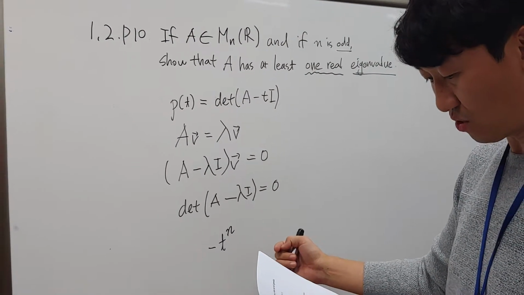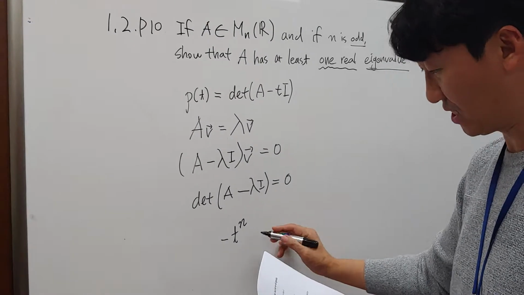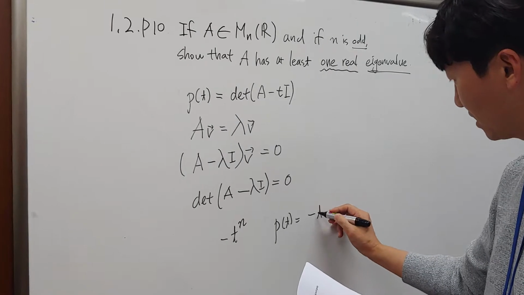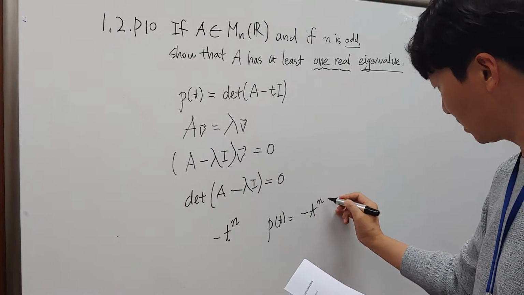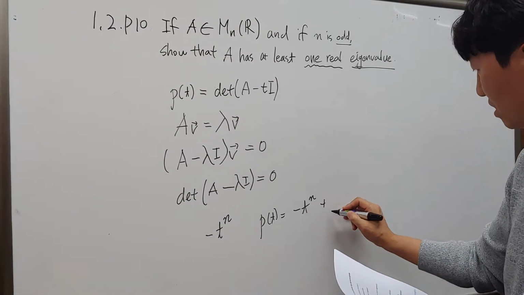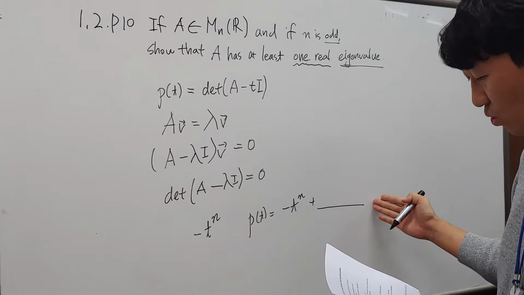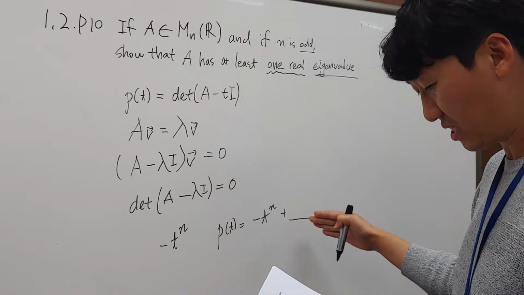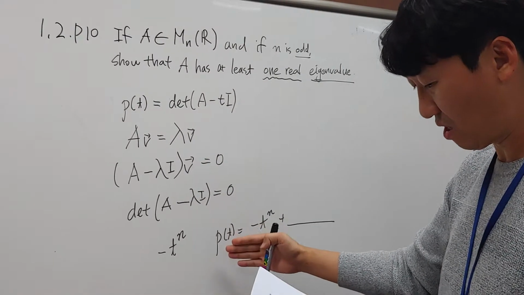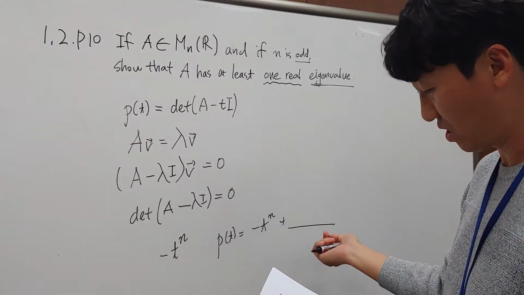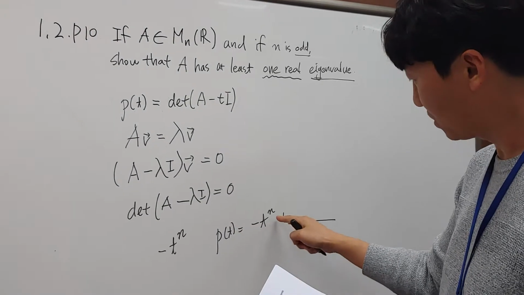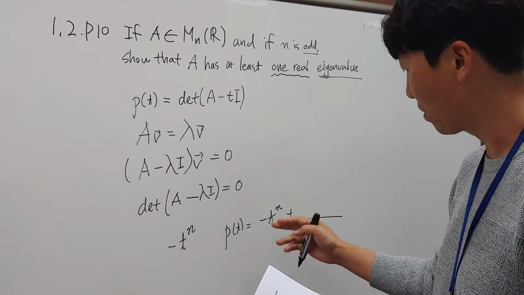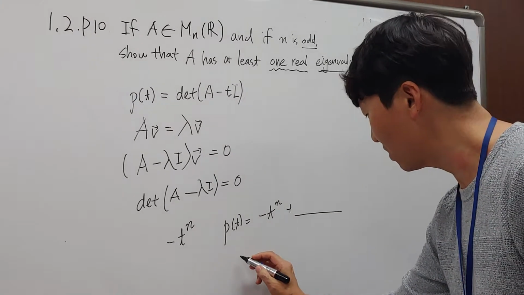Then we can rewrite our formula like this: p(t) is minus t to the n plus some other lower terms. So if t is increased, p(t) goes to minus infinity. Likewise, if t is decreased, p(t) goes to plus infinity. So we can write it like this.